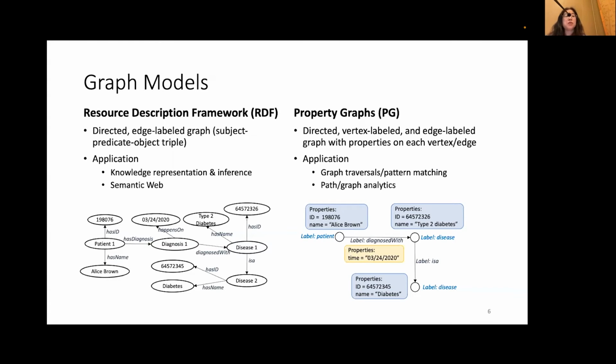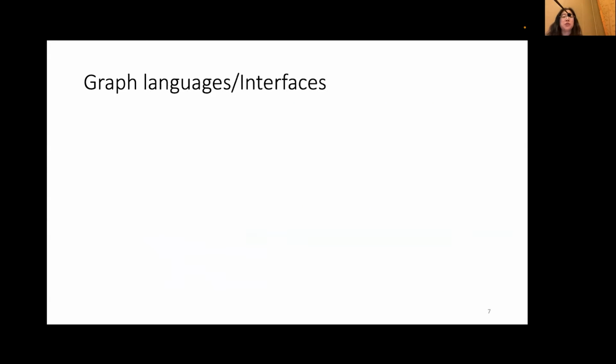On the other hand, the property graph is a directed vertex-labeled, edge-labeled graph, where vertices and edges often have a set of properties. And the applications usually involve graph traversal, pattern matching, or path or graph analytics. And one observation is most of today's graph databases support the property graph model.